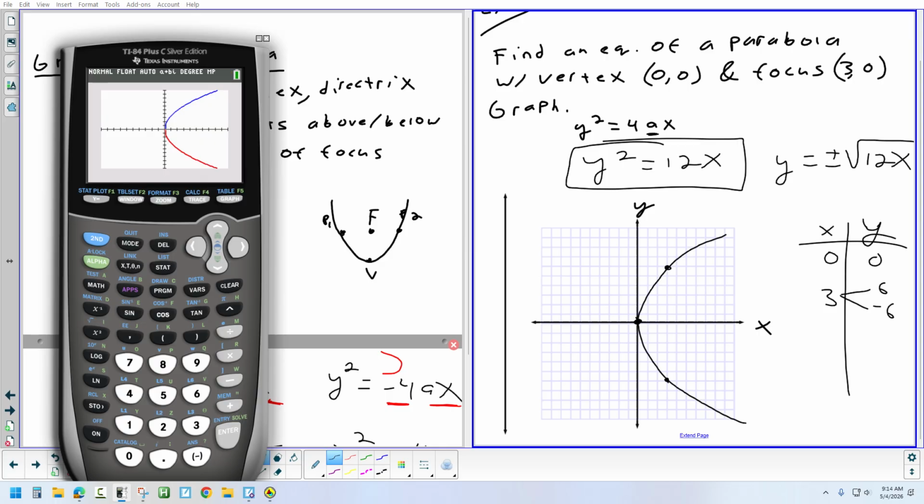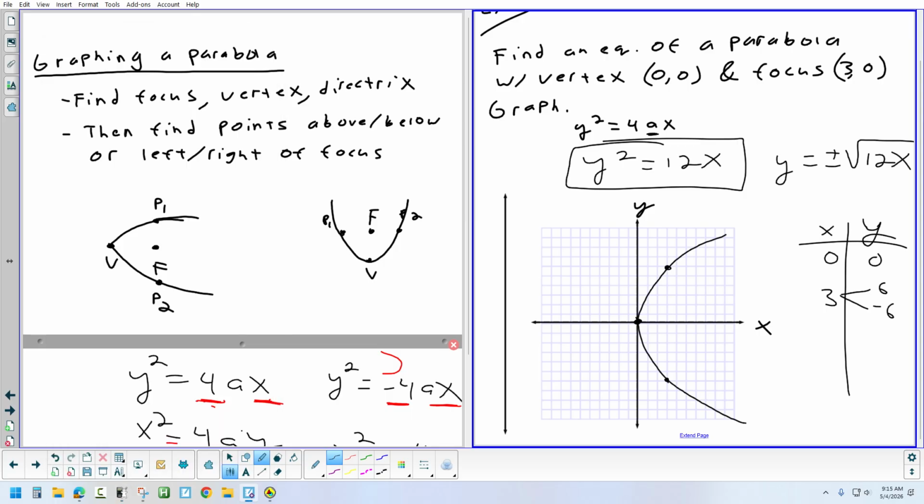What would be the equation of the directrix? Yeah. The distance between, I didn't draw this point, but the focus was 3, 0.